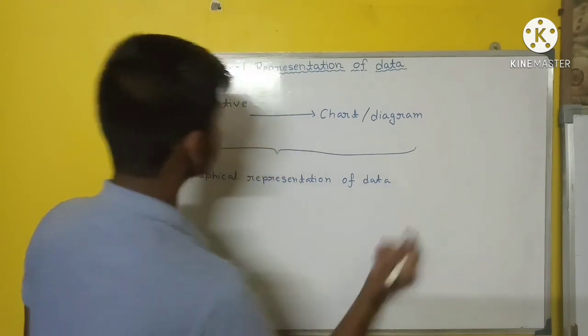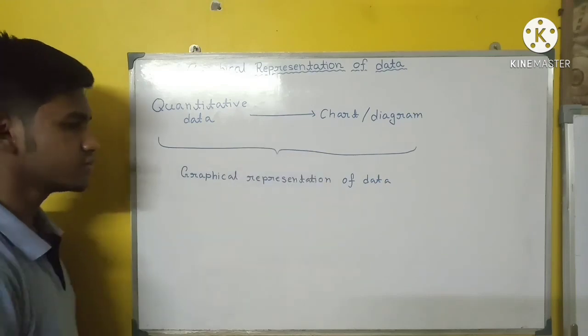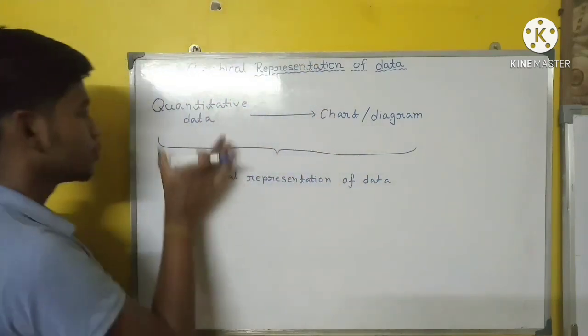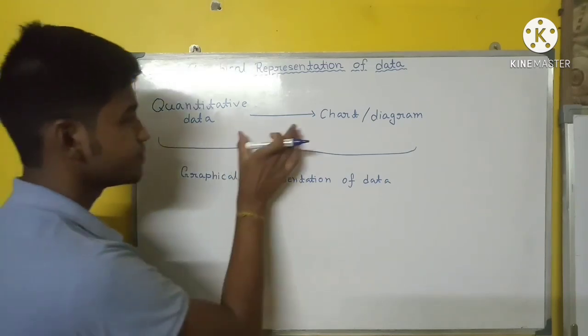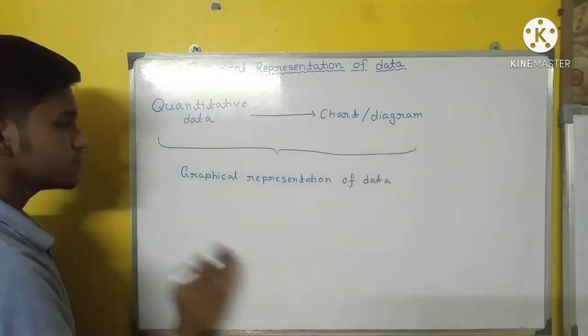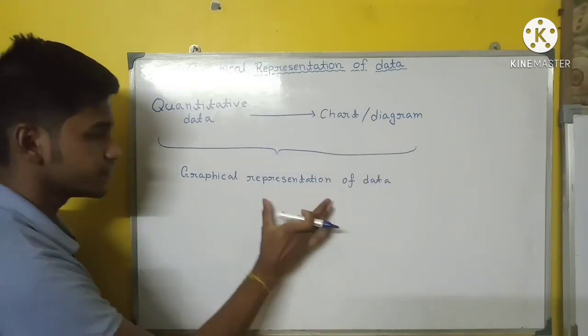So from this scenario, it is clear to us that when the quantitative data are represented via some chart or diagram, this scenario will be termed as graphical representation of data.